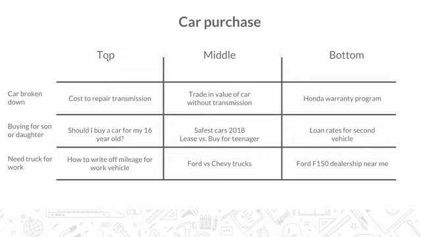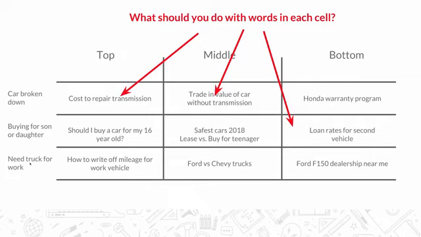So here we're looking at top of the funnel, middle of the funnel, bottom of the funnel types of keyword search queries, and then breaking them out by different semantic topic groups that we might think of how Hummingbird organizes the world. And I asked this question, well, what do we do with the words in each one of these cells? Let's look at these keyword research tools and discover what we can do with them to help solve that.